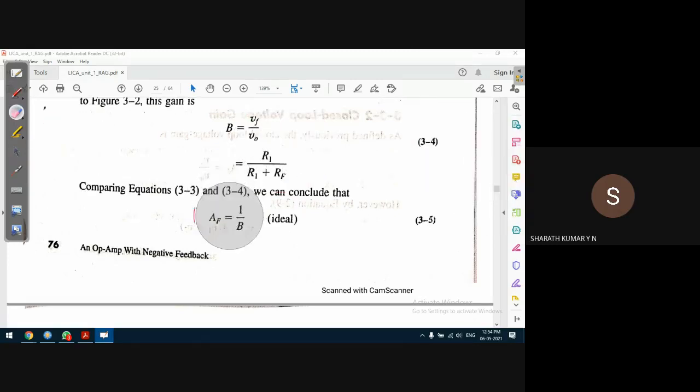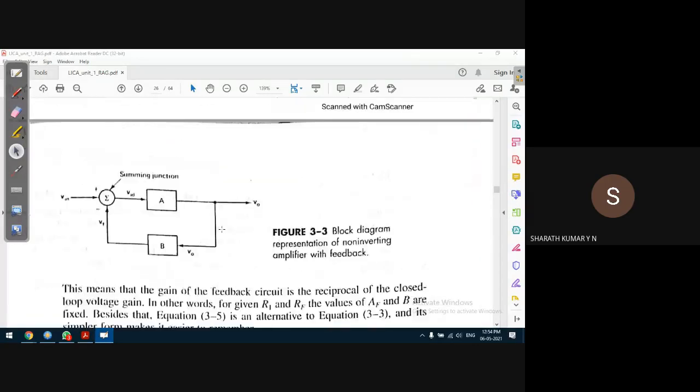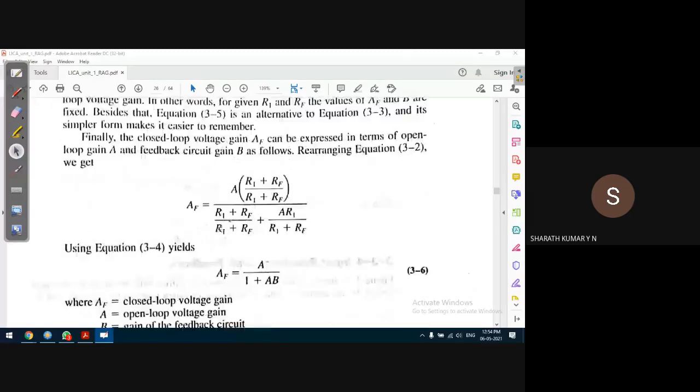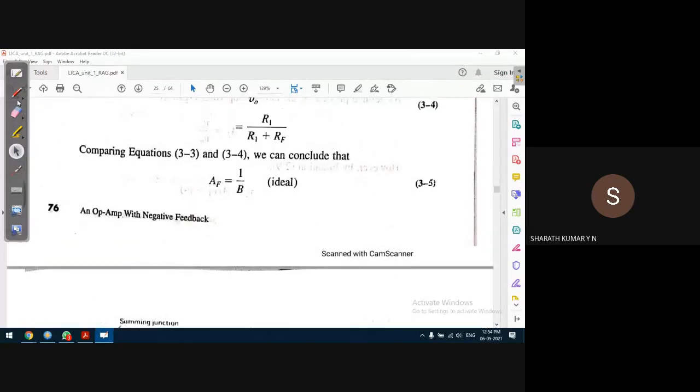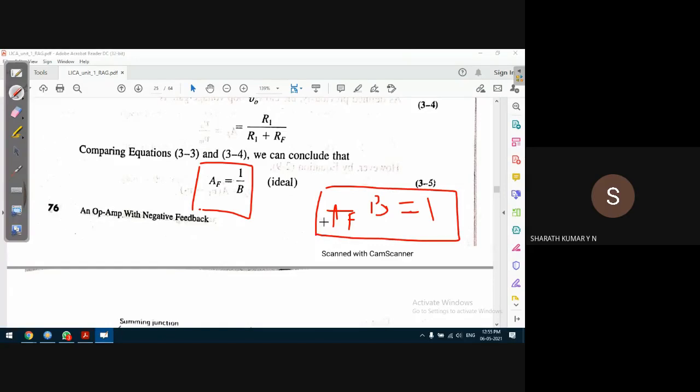In other words, from this we can conclude that AF into B is equal to 1. That means the product of the closed loop gain and the feedback gain should be equal to 1.